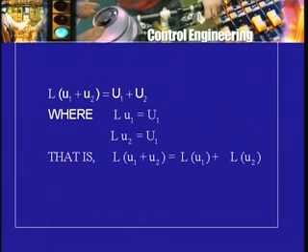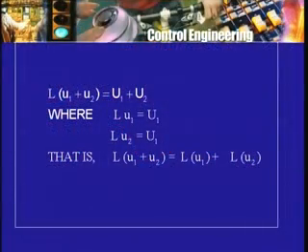On the one hand, I add two functions of time, then take their Laplace transform. On the other hand, I apply the Laplace transform first and then add them. These are functions of time, these are functions of s, but I am adding here because I can add two real numbers, and here because I can add two complex numbers. L of u1 plus u2 is L u1 plus L u2.